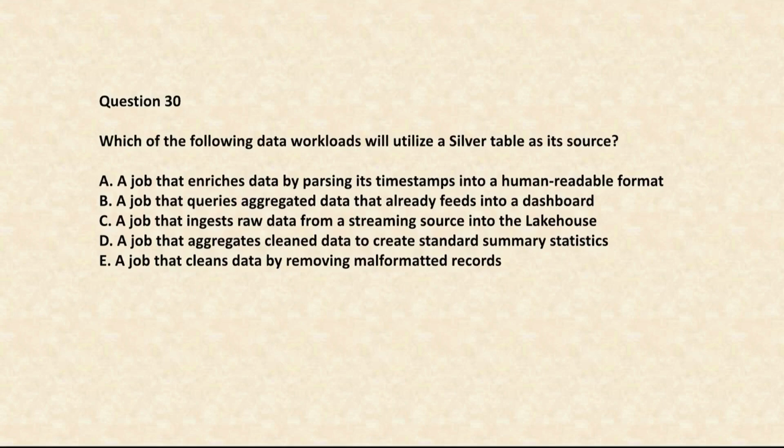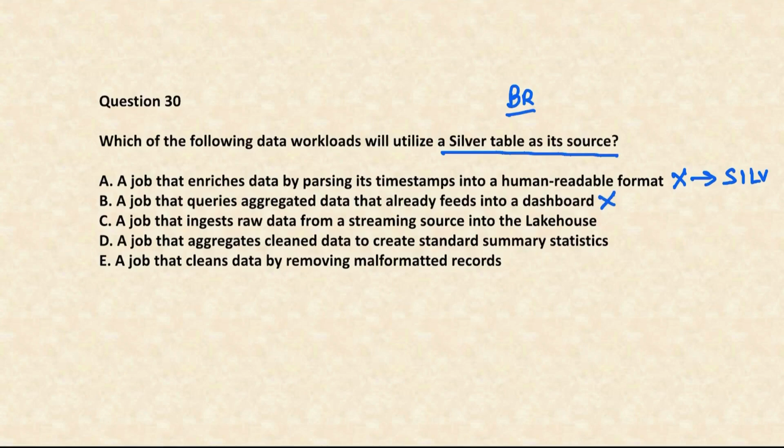Which of the following data workloads will utilize a silver table as its source? In the previous question we had the bronze table. Now in this question, you have a silver table as its source. So let's read out the options. A job that enriches data by parsing its timestamp into a human readable format: this is not it, because this is the silver one that we just saw in the previous question. A job that queries aggregated data that feeds into the dashboard: this is also not correct because this is the gold one.